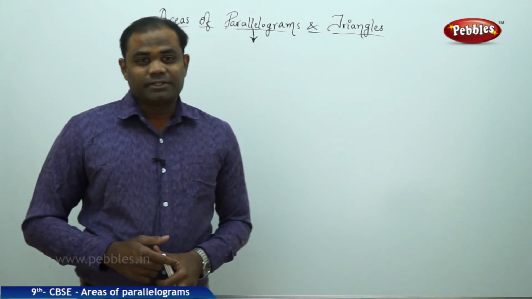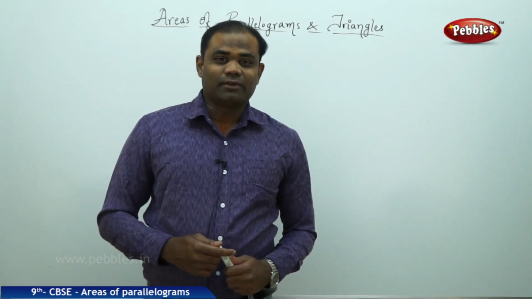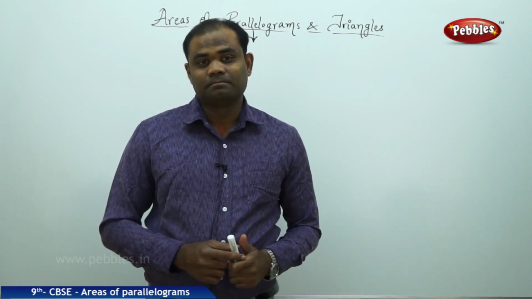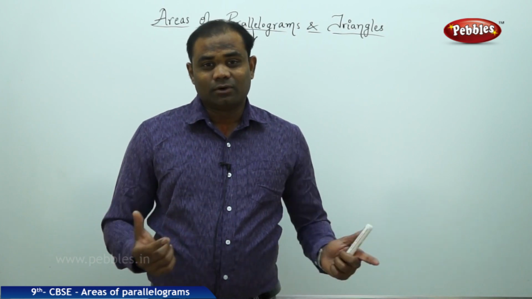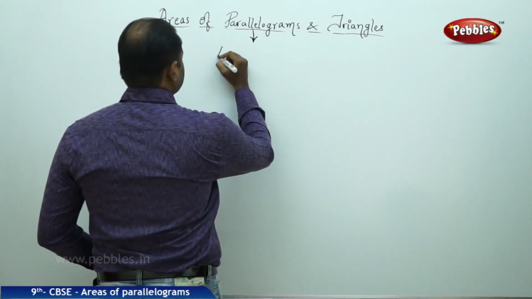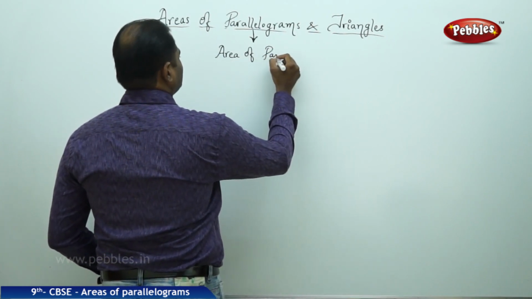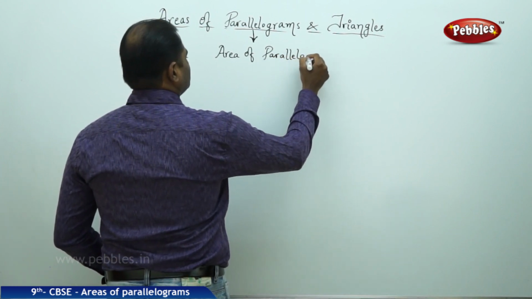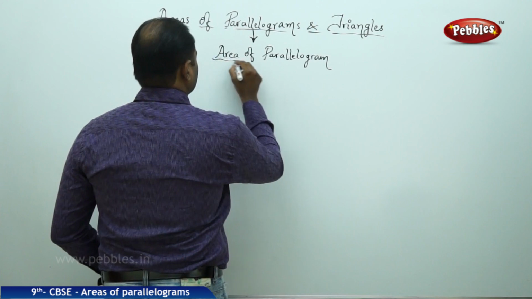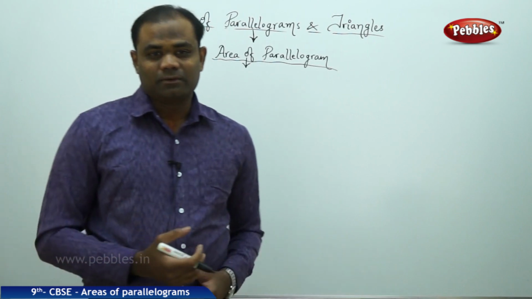Before we see the investigation of the converse of the previous theorem, now comes the introduction of area of parallelogram. So let's see area of parallelogram. The area of the planar region called a parallelogram. Opposite sides parallel and equal. What is area of parallelogram?